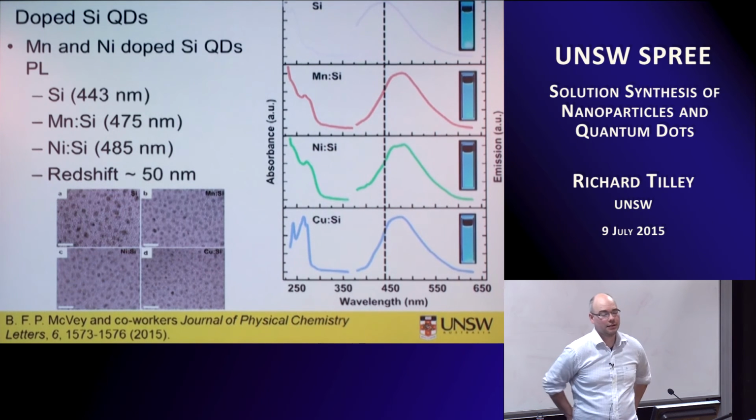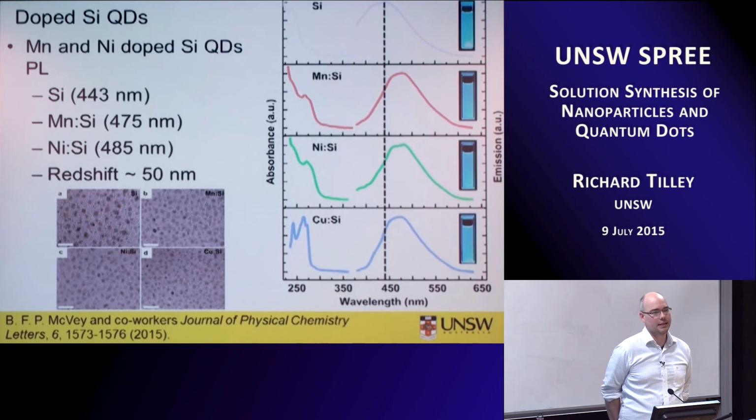So in terms of the yields, with the solution synthesis, the amounts we make are pretty much milligrams each time, and that's kind of how much we typically make. We can scale up, and we have scaled up, but I guess we haven't had the demand to really develop the scale-ups, so we could possibly do that.